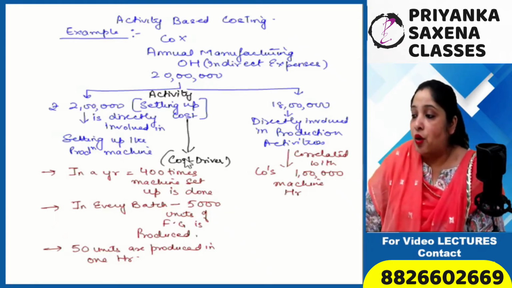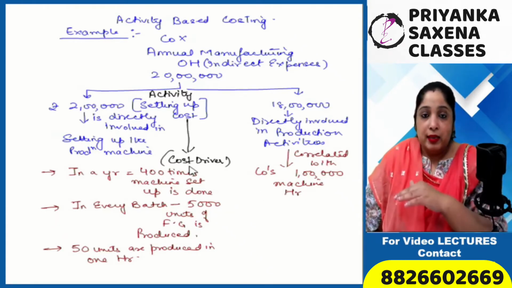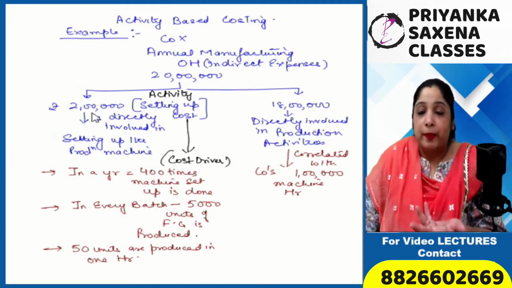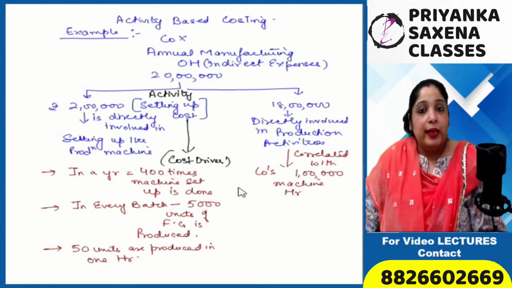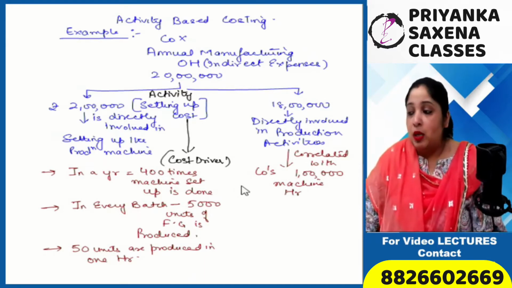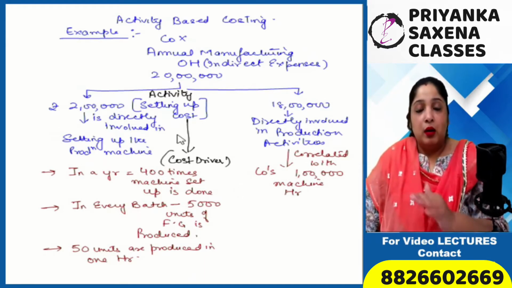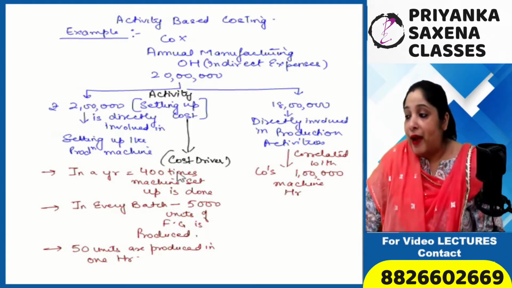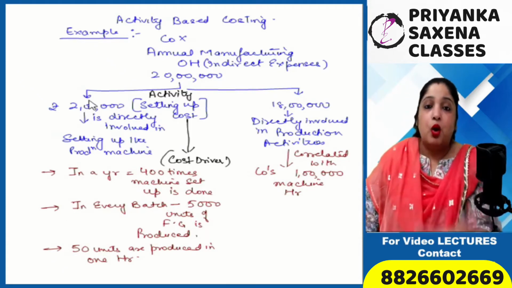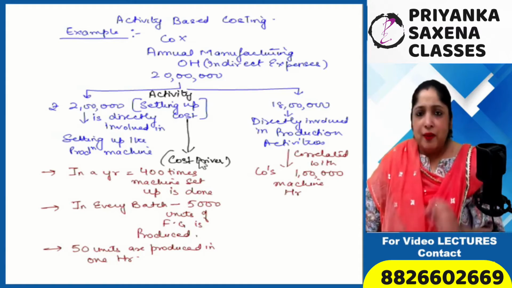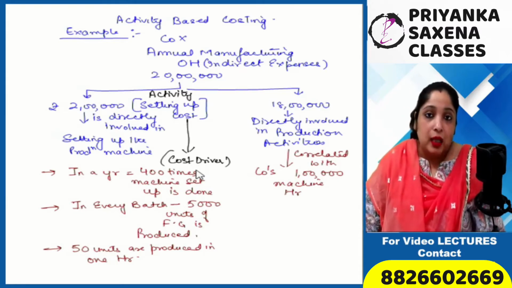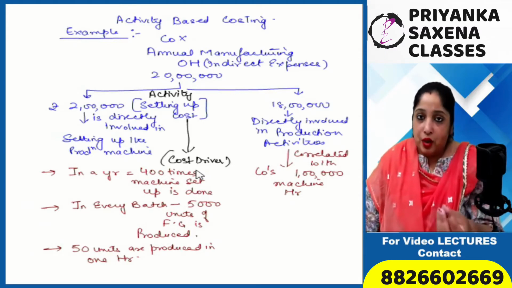If you increase your cost driver, basically this is the reason why cost is increasing or decreasing, or cost is coming. If you increase your number of setting up times, your cost is going to increase. If you reduce your number of setups, then the cost will reduce. So basically this is the factor which is driving your cost. Okay. Now these are the words we will discuss later on also: cost driver, cost pool, cost activity, but a little bit of introduction I am doing here.